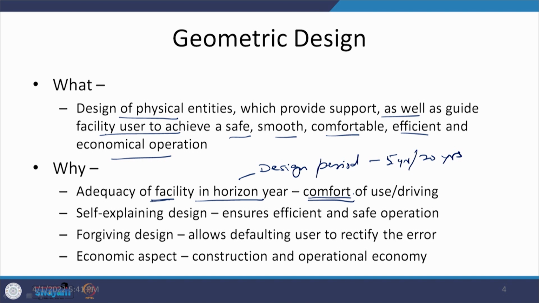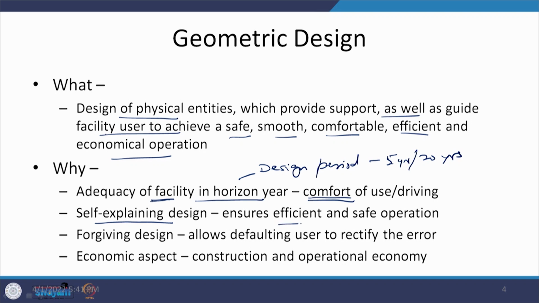Another thing is that the design should be self-explaining in nature. As a traffic engineer or traffic planner, whatever you have provided to the road users in terms of the width of a road, the type of facilities on the road, and how the curve has been designed, should not come from a thought process where you say, I am going to provide it and the user should use it.